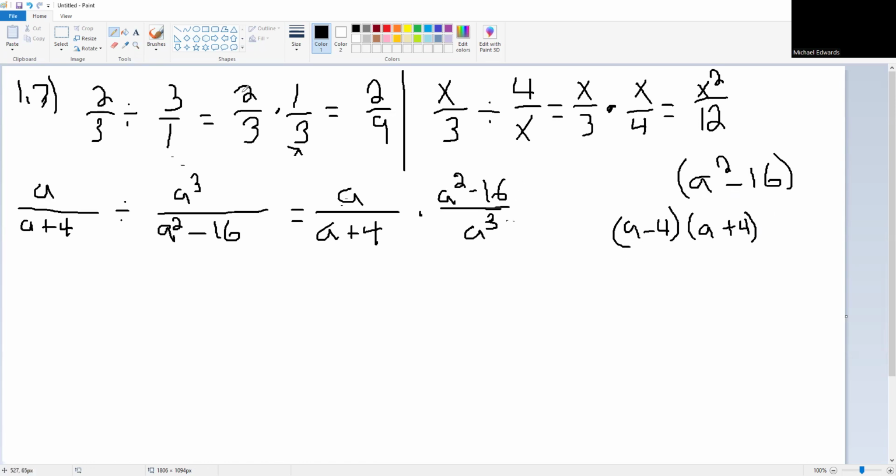So this can be rewritten as a minus 4 and a plus 4.